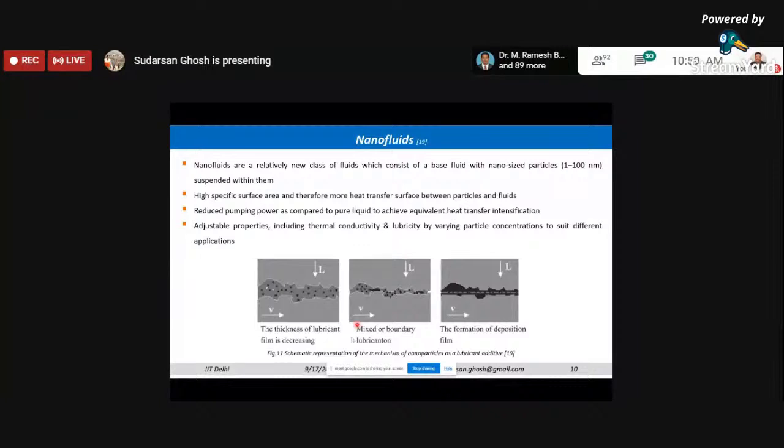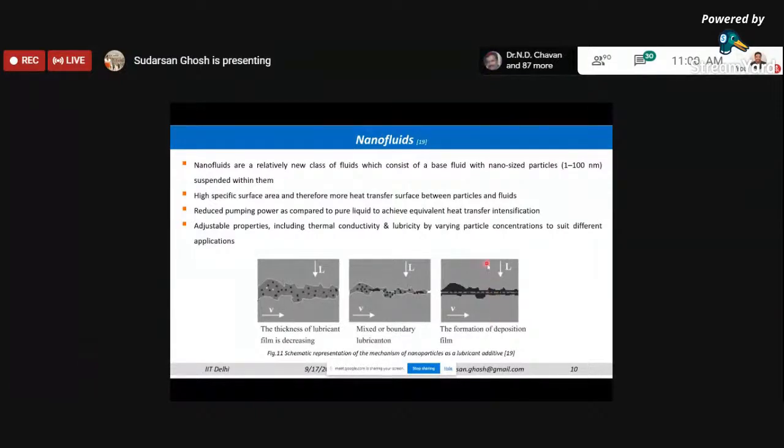And not only that, sometimes these assembled or coagulated nanoparticles can get deposited as a film on one of the surfaces. This deposition film is basically a lubricious film which forms on the surface, and it will lower the friction coefficient between the two mating surfaces.